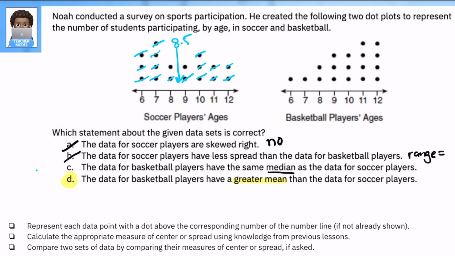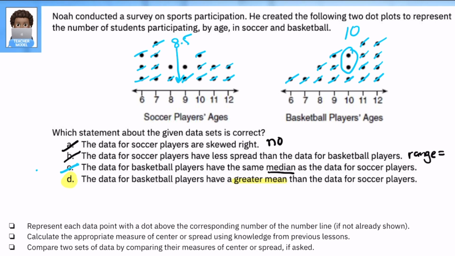Whereas for basketball players, the median age, 1 2 3 4, 1 2 3 4, 1 2 3 4, 1 2 3 4, is much higher. It's going to be 10. So you can see that they don't have the same median. The basketball player's median is much higher.